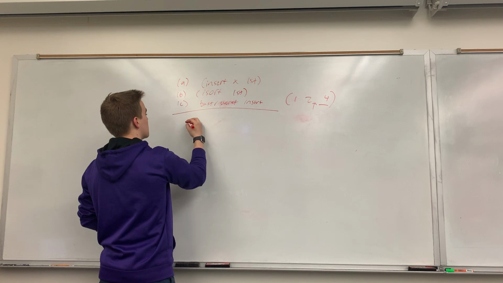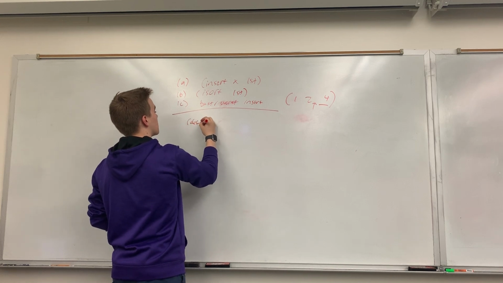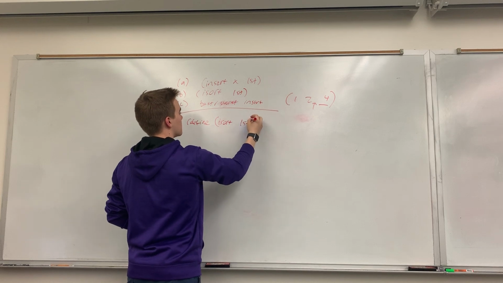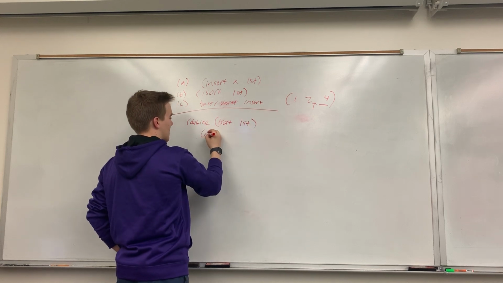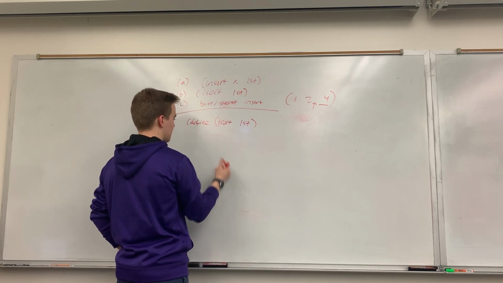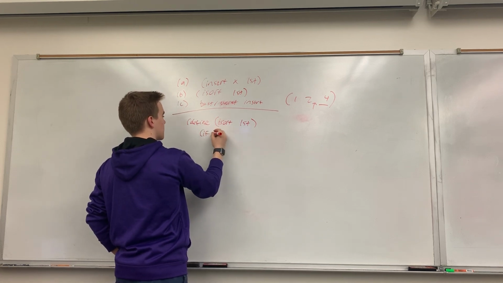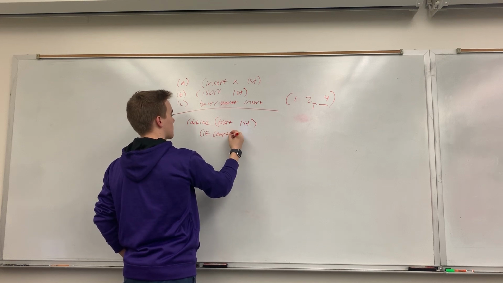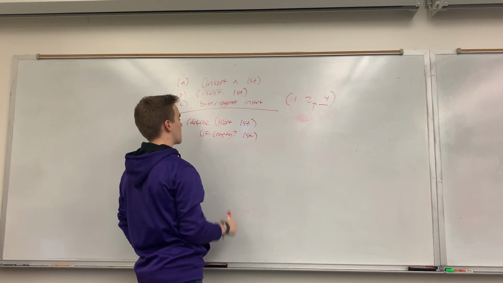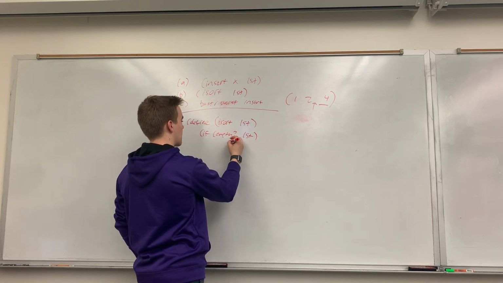So I'll say define isort LST. Say if it's empty. Oh, I need my condition again, or an if. I'll use an if this time for fun. If empty LST, then I think I just return LST.